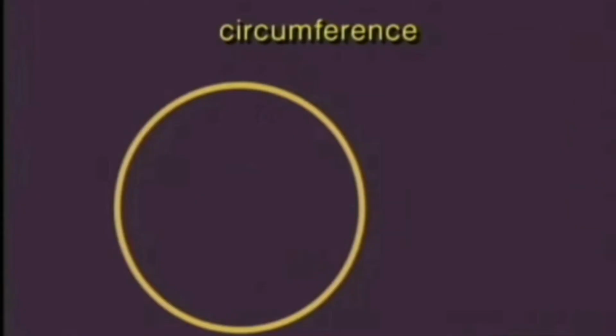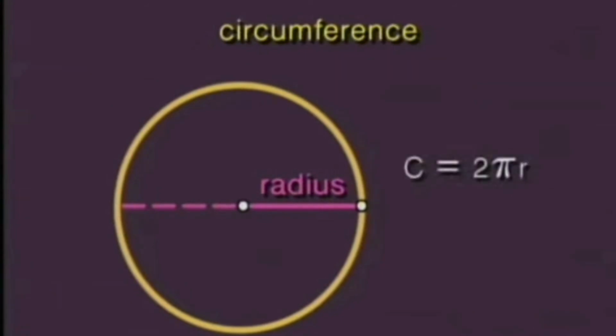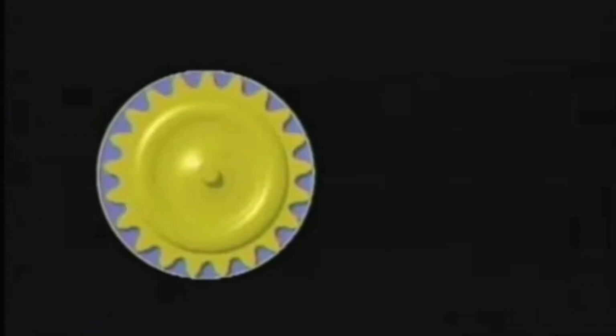Let us understand how to find the circumference if the radius of a circle is given. We know that diameter is twice the radius, right? So, the formula to calculate circumference is C is equal to 2 pi r. Let us solve this problem. In this figure, we have a radius of 11 centimeter.